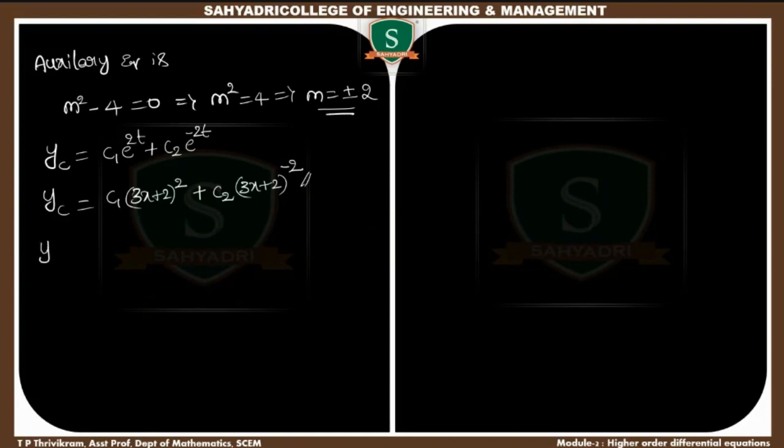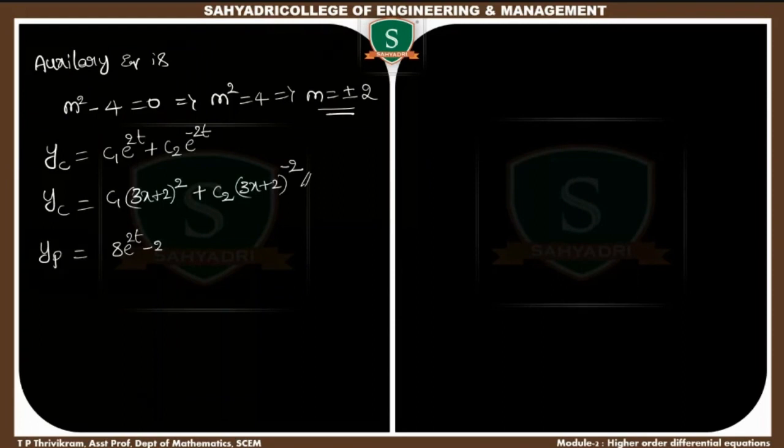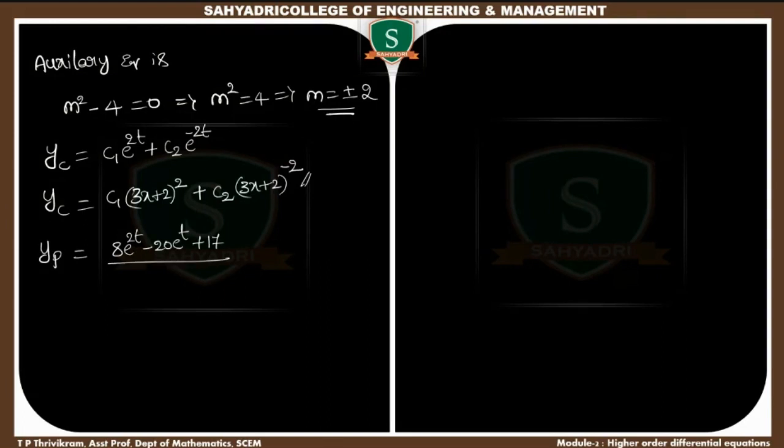Now yp is equal to, on right hand side you will get 8 e power 2t minus 20 e power t plus 17 divided by m square minus 4. Okay, now it is of type 1 equation only, but for each term we have to expand. So yp is equal to, take this denominator for each and every term.